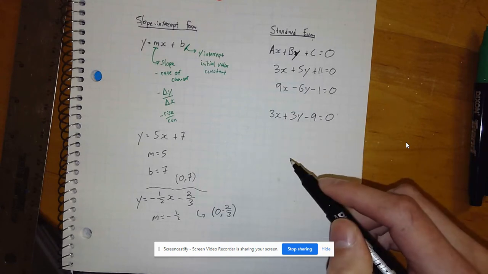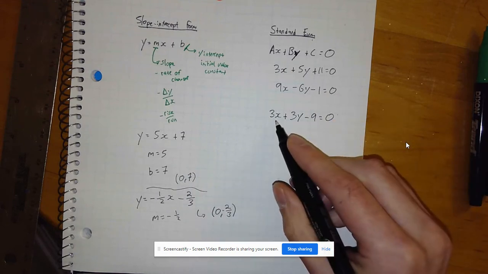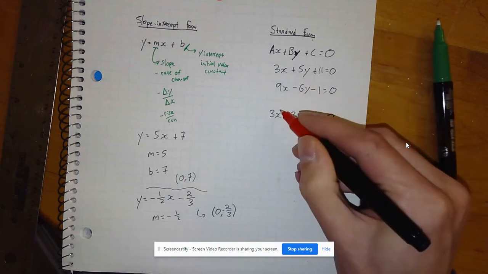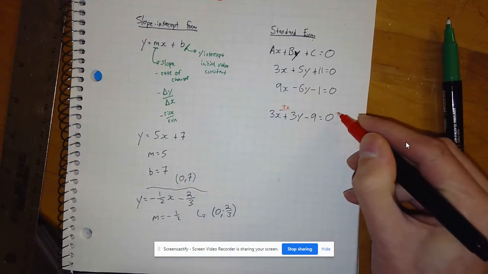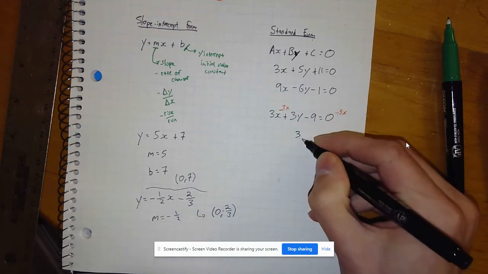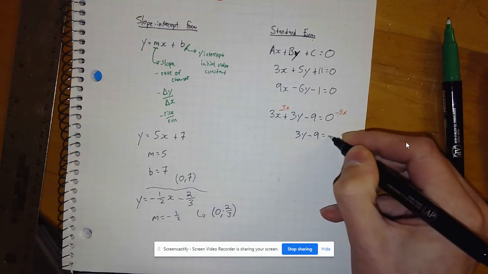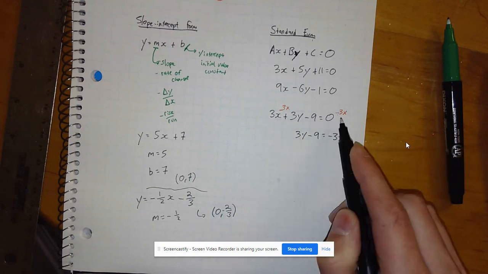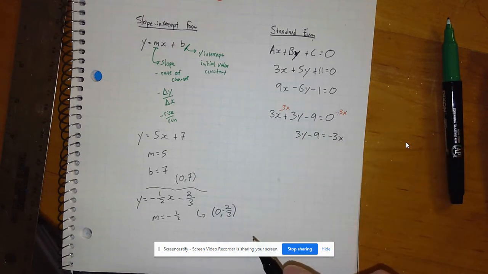So then we can put it into y equals mx plus b form. So I'm going to move the 3x to the other side. So in other words, I'm going to subtract 3x from both sides. So now I have 3y minus 9 equals negative 3x. Another way you might want to think about that is if anything is moving across the equal sign, it changes sign.